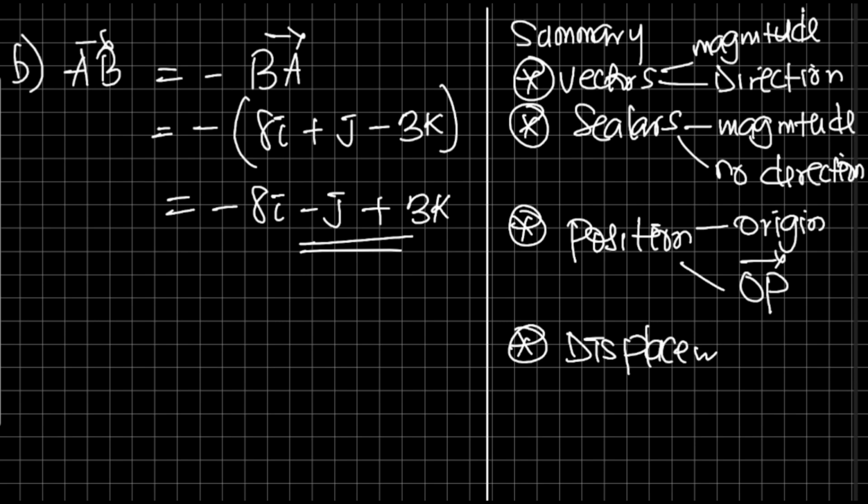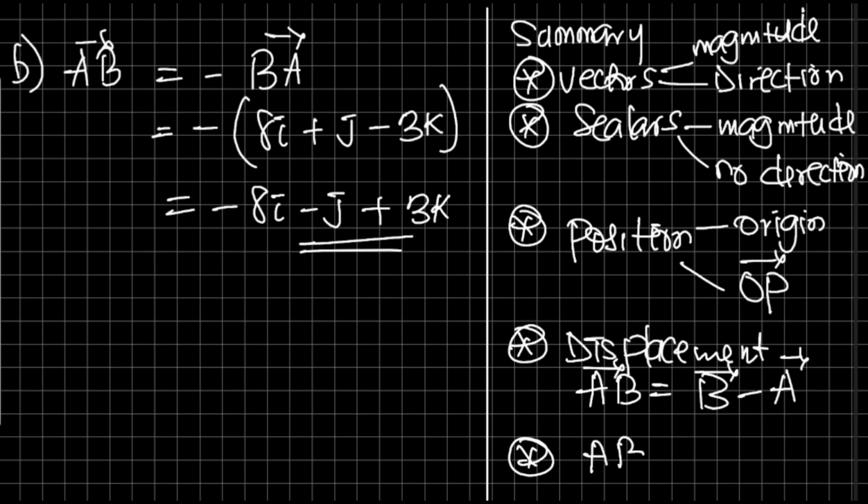Displacement AB equals B minus A. Okay, and then we've also looked at one important parameter, that AB is always equal to minus BA. Okay, so this is what we've considered in this lesson.